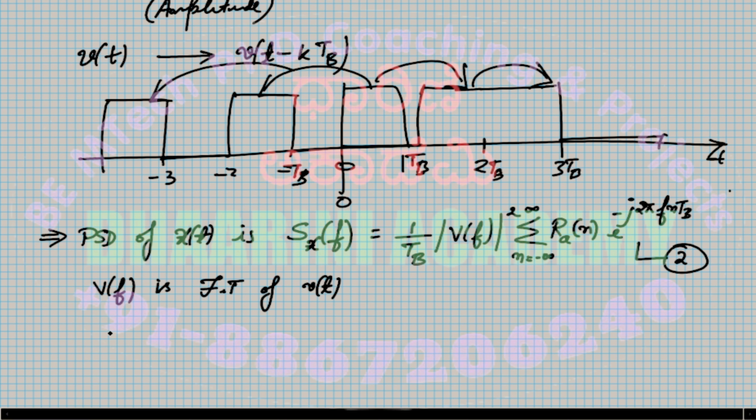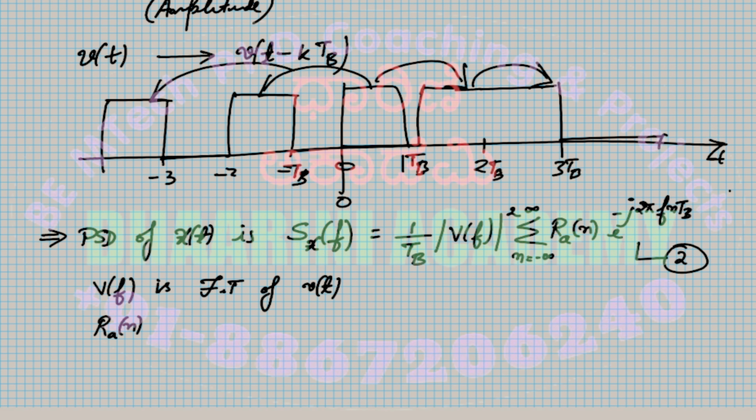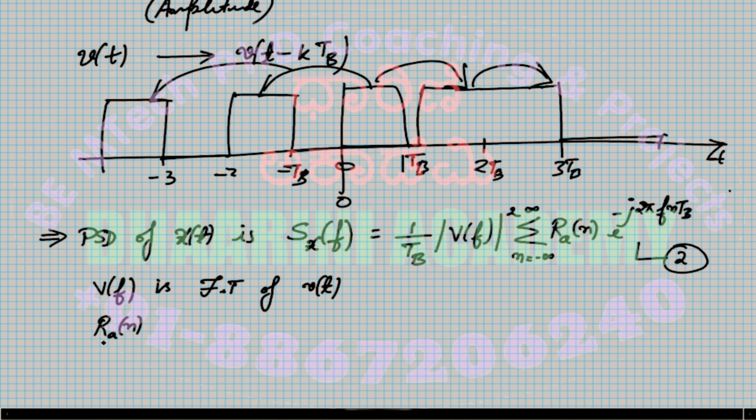And there is another term called Ra of n. Normally R is the notation given for the autocorrelation function, so Ra indicates the autocorrelation of n. n is at discrete intervals, so n equal to 1, 2, 3, 4, 5. That discrete value is denoted by this n.